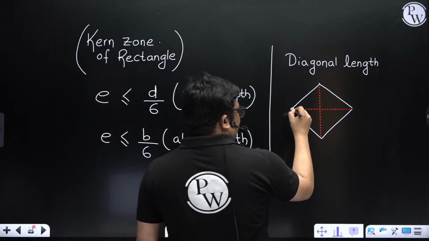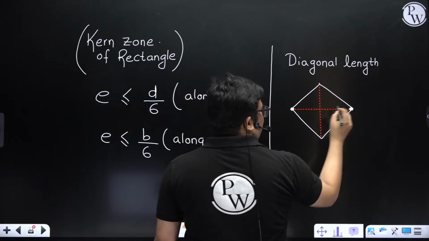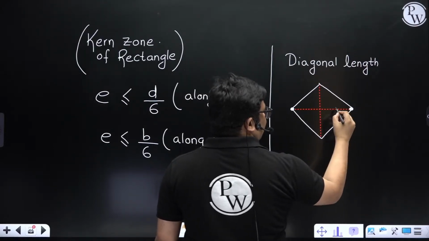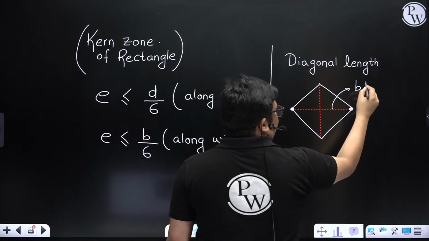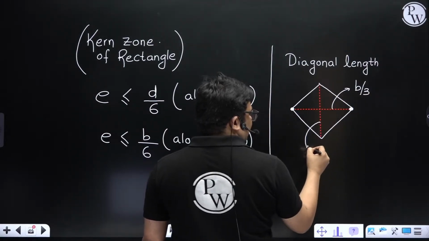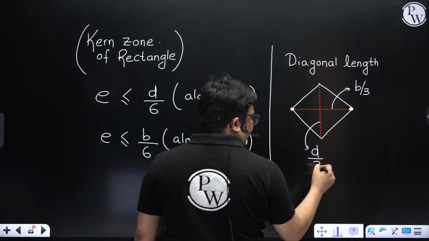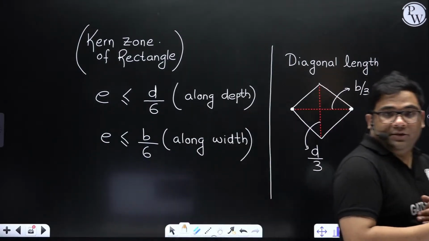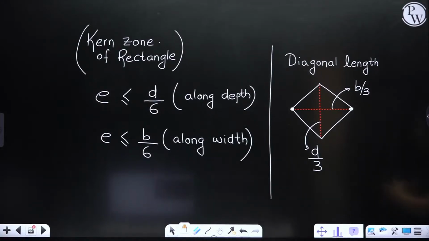But what is the diagonal length? Diagonal length will be b by 6 and b by 6, that is b by 3, and this is d by 6, d by 6, that is d by 3. So remember this, they can directly ask you. If I conclude here, all these things can be directly asked in examination.